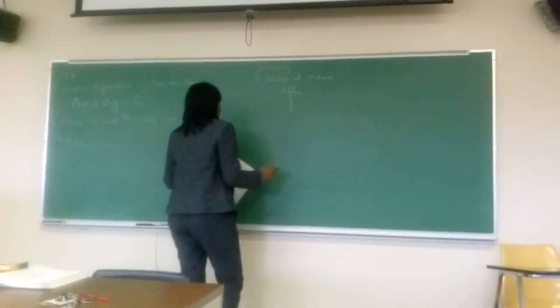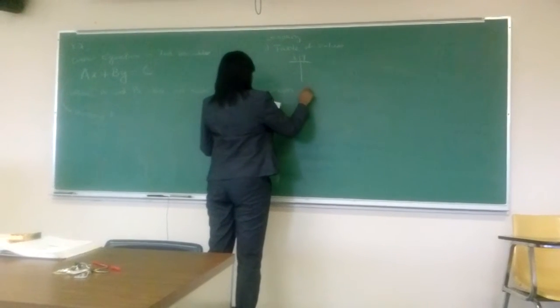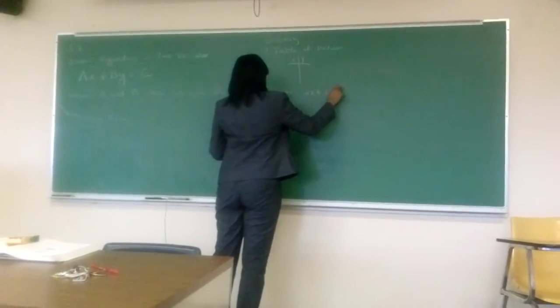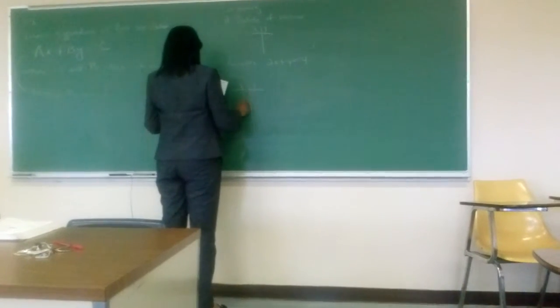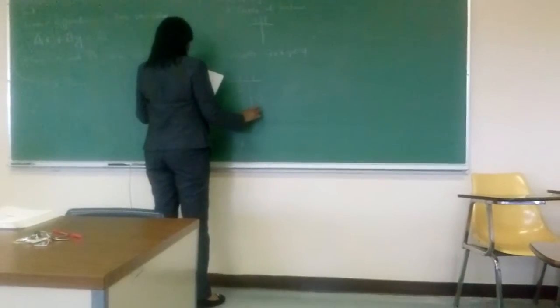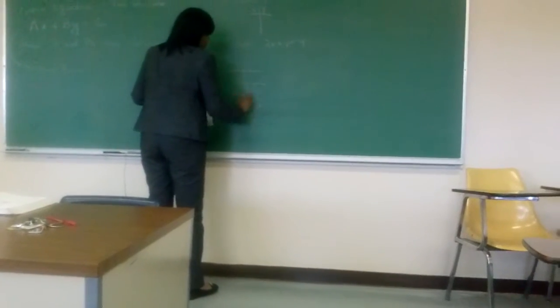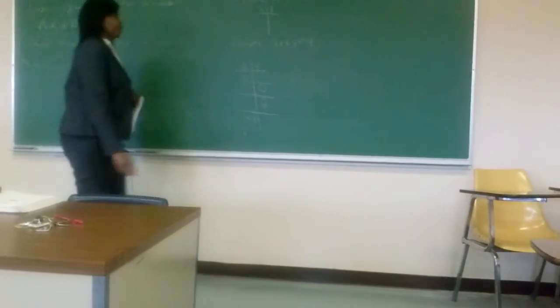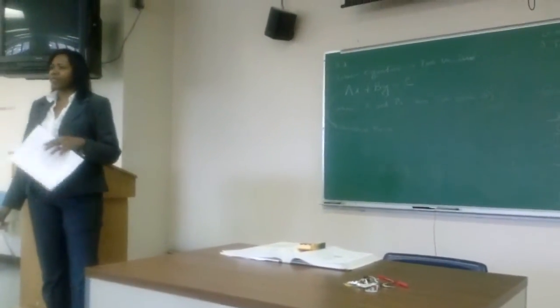Now, say that they're asking you to graph, and they give you this table here. That's the table of values, and they ask you to graph using the table of values.